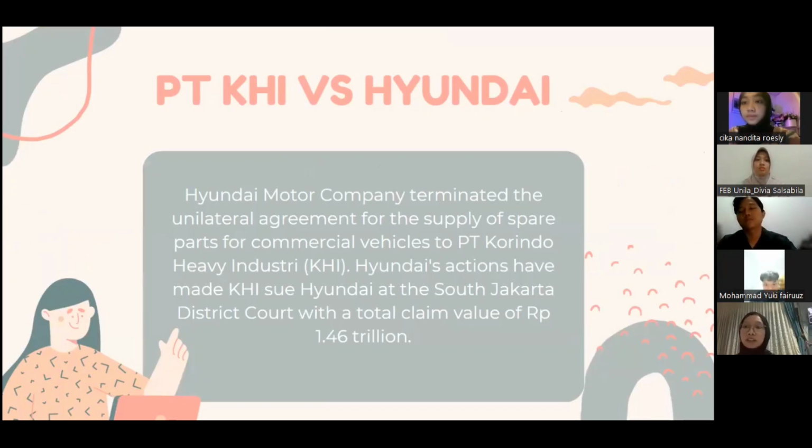Hyundai Motor Company unilaterally terminated the agreement for the supply of spare parts for commercial vehicles to Korindo Heavy Industry, or KHI. KHI sued Hyundai at the South Jakarta District Court for a total claim valued at 1.46 trillion.